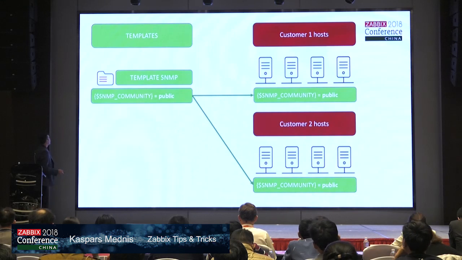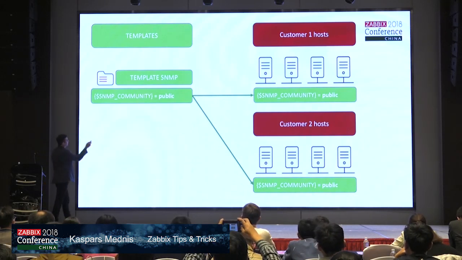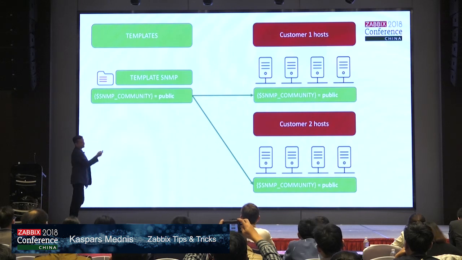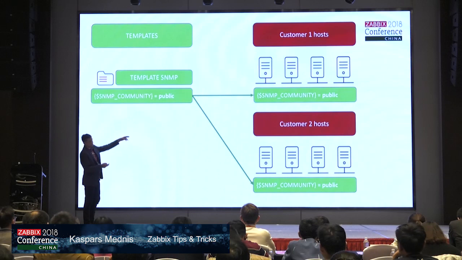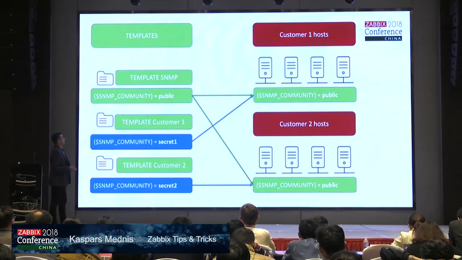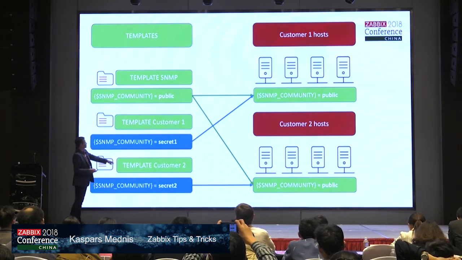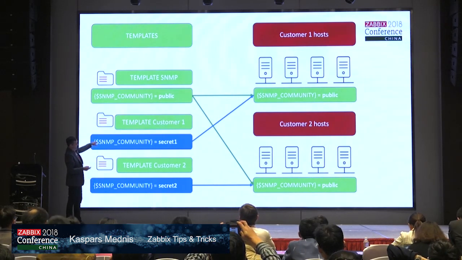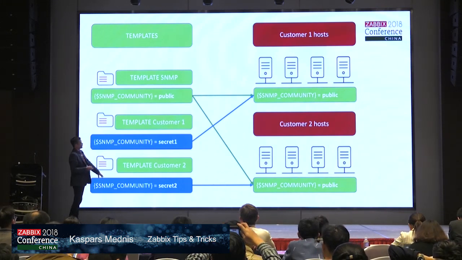So, you can create a template for SNMP monitoring and add some generally used community, like public. And then assign this template to customer 1 and customer 2. After that, you can define a template for customer 1 and a template for customer 2, and define the SNMP communities which will be used.